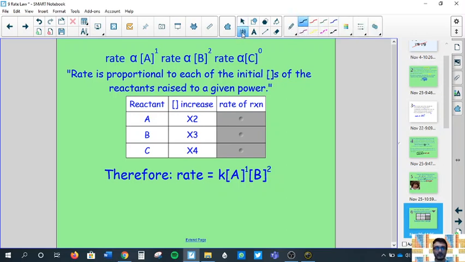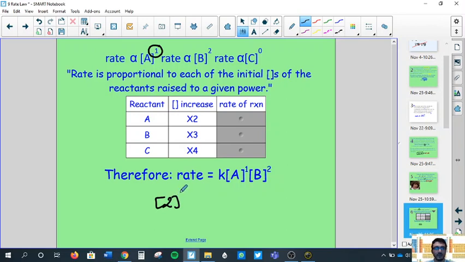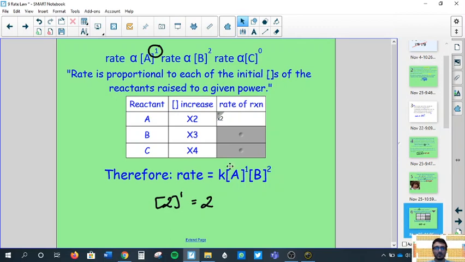Now look at the exponents and consider if you've doubled A, started off as 1, if you double it, and it has an exponent of 1, what have you done then to the rate of the reaction? It has also doubled because it's a linear relationship.